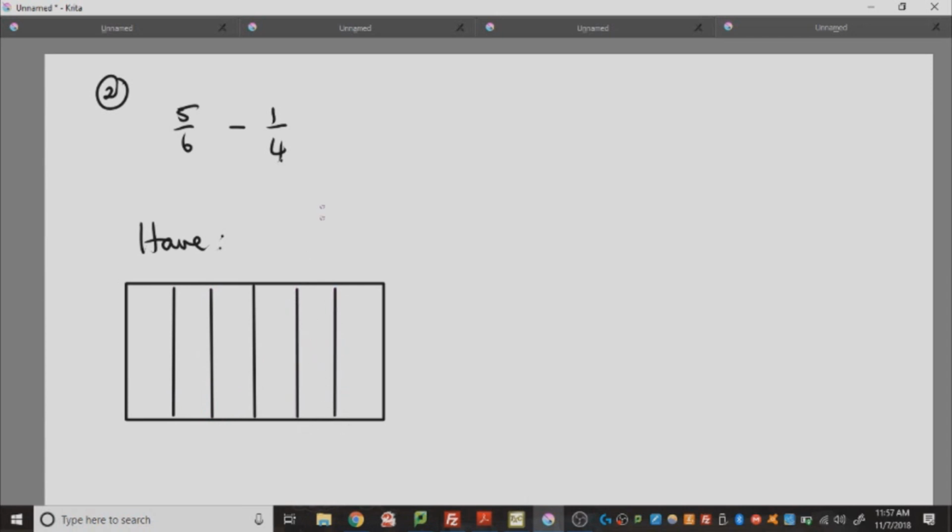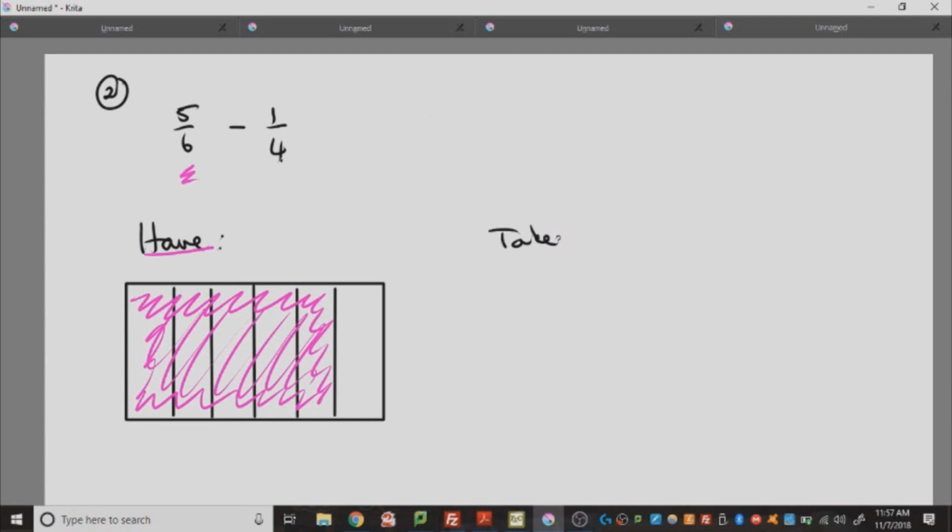And I have, I'll color it pink, 5 of them. That's what I have. What I am taking away, I do want to visualize it, but I don't have it.